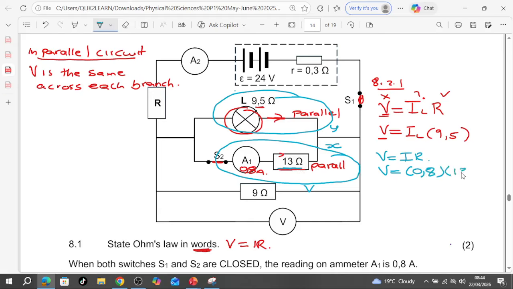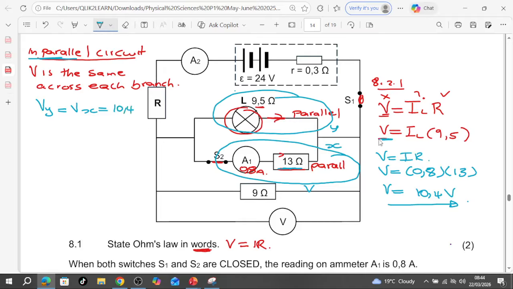When we multiply these two, we get 10.4 V. So what we are saying is that in a parallel circuit, V is the same across each branch. So the voltage for the Y branch is equal to the voltage for X, which is 10.4.